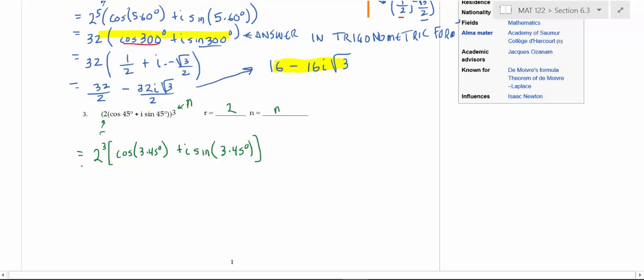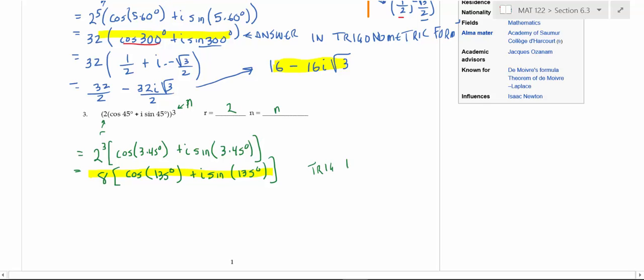So we have 2 to the 3rd is 8, then the cosine of 135 degrees plus i times the sine of 135 degrees. If I wanted the answer in trig form, you're already done.